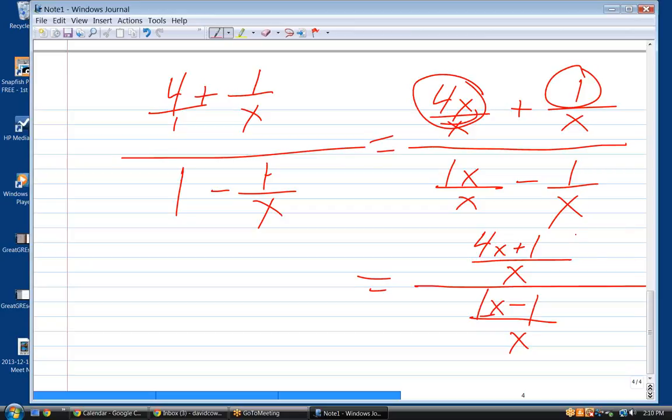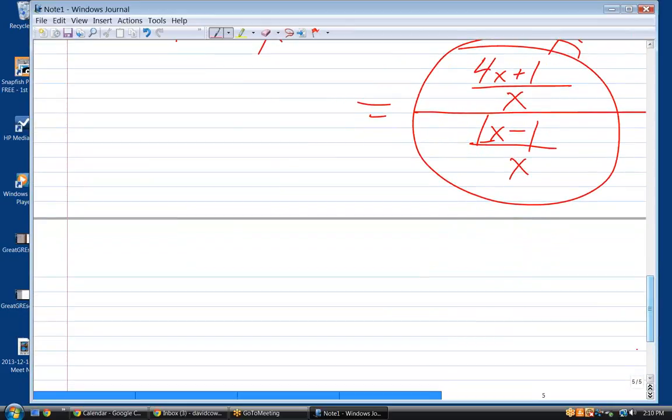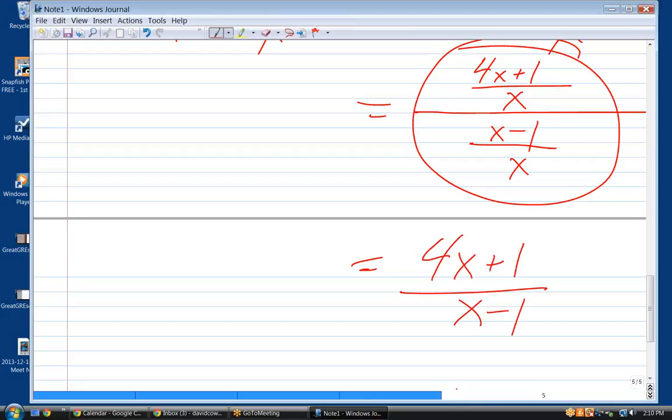Okay. So now we have to convert that. Well, it turns out that if both denominators are the same, like they are, you can just cancel them out. In other words, the way we divide by a fraction is to flip it and multiply. So this would be the same as multiplying this times x over x minus 1, which ends up giving you 4x plus 1 over x minus 1.